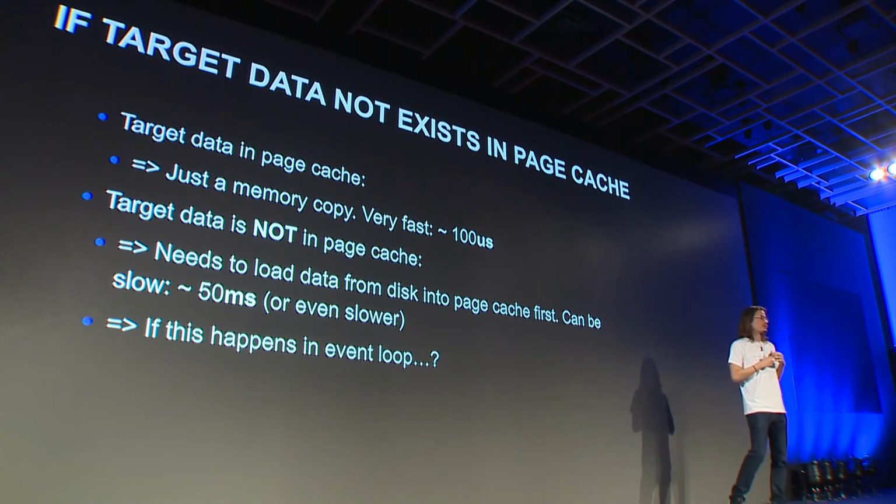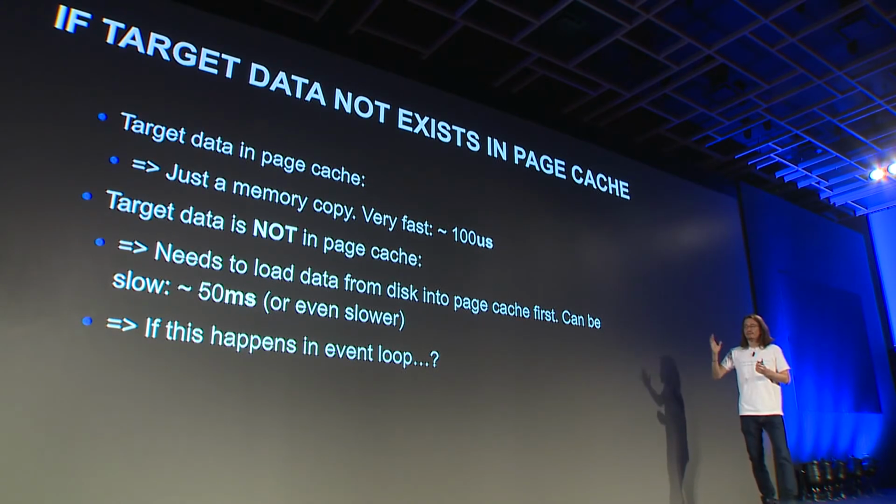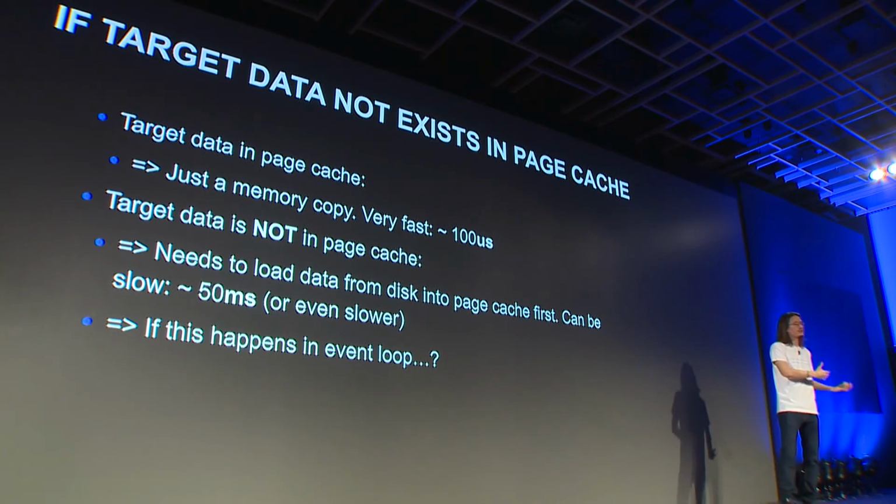If the targeted data has to be read from disk, it slows down, typically taking several milliseconds to several tens of milliseconds. If this happens within the event loop, that becomes a huge problem.